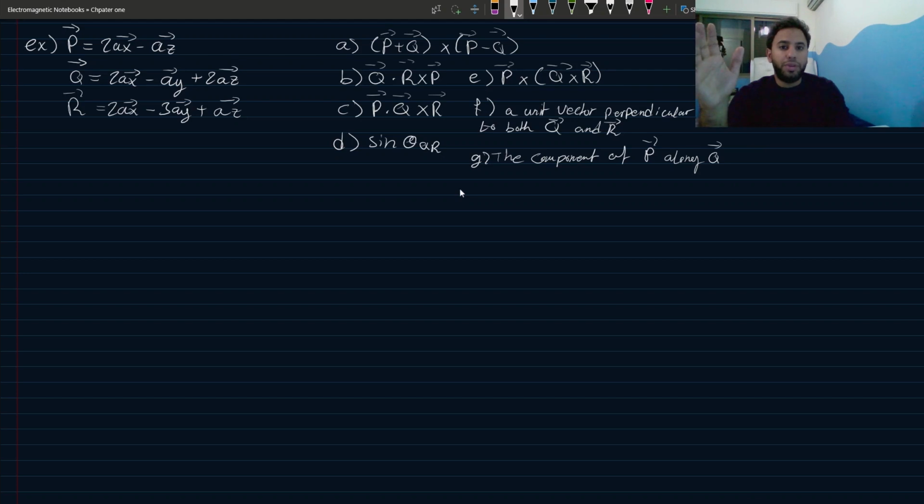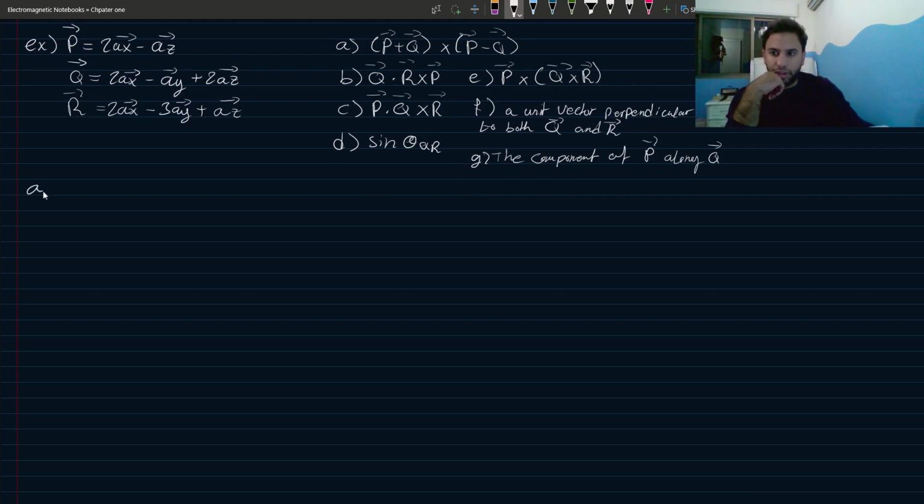And the fifth one is P cross Q cross R. The sixth one is a unit vector perpendicular to both Q and R. And the seventh one is the component of P along Q. Pause the video, try to solve this by yourself, and then come back.